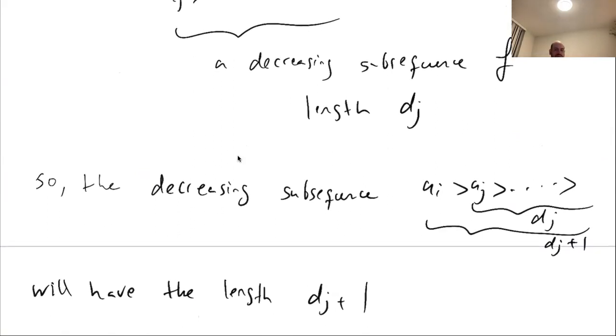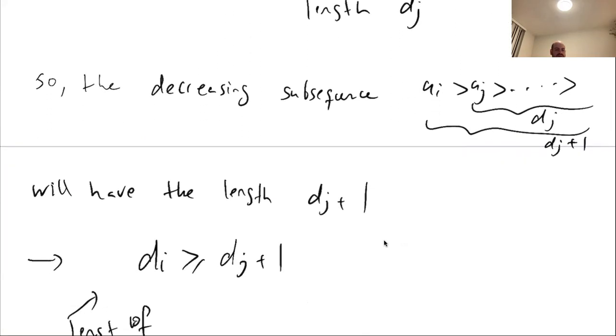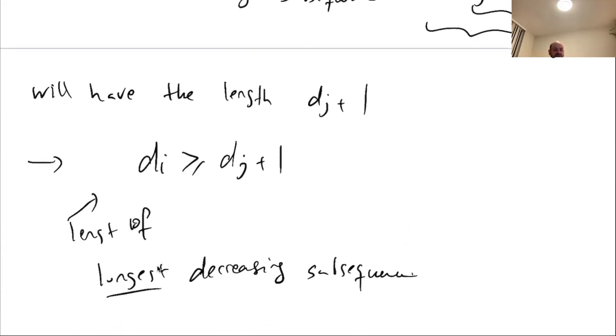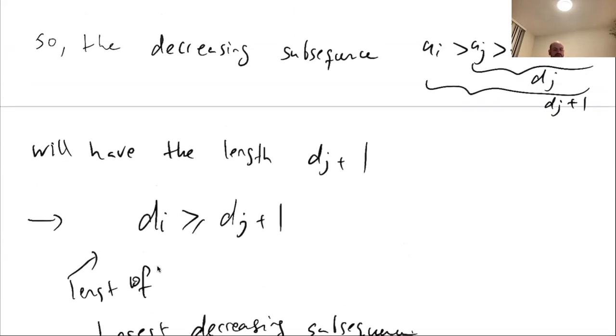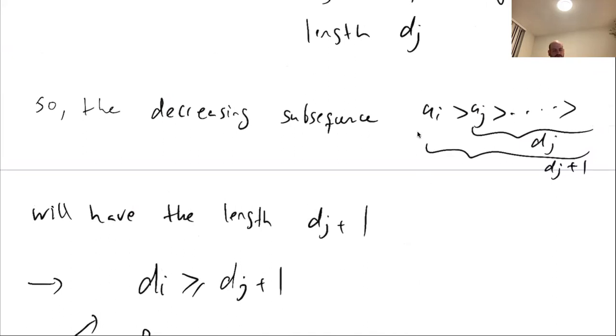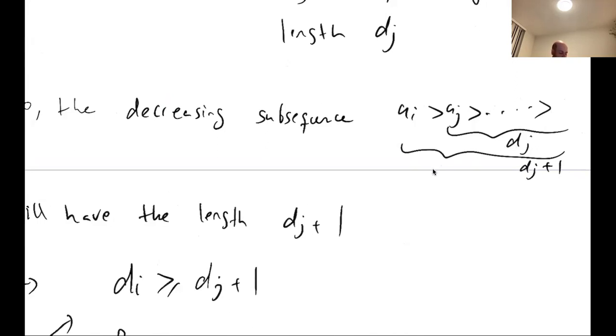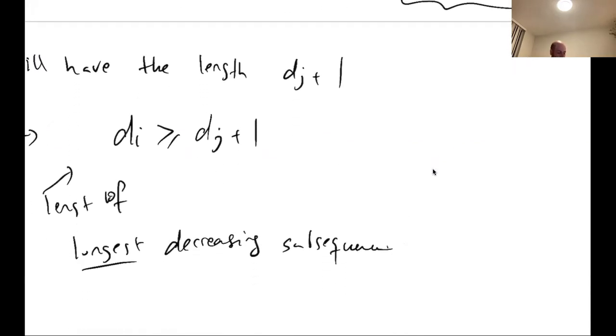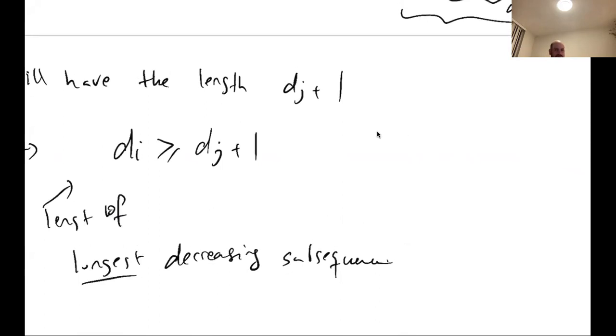I already found one decreasing subsequence of length dj plus 1 starting from ai. But di by definition is the length of the longest decreasing subsequence starting from ai. So if I already found one subsequence of length dj plus 1, the length of the longest such subsequence must be bigger than or equal to dj plus 1.